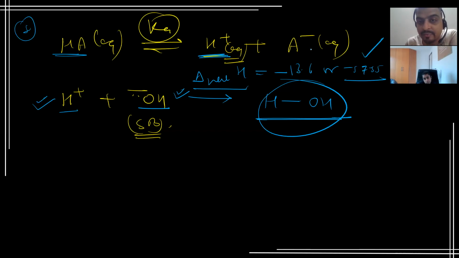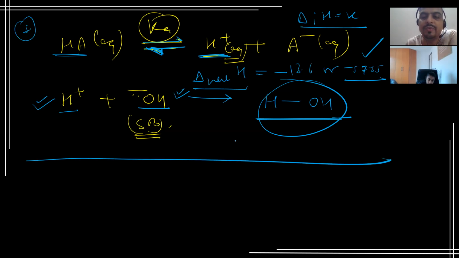But for this one we need to calculate; it's not fixed, because the ionization value is not fixed. So we have taken the delta ionization H as X. So what will be the total heat of neutralization?